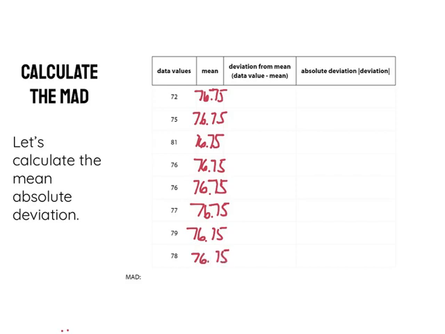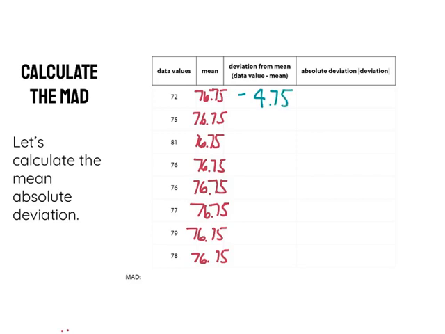So the next thing I want to do is find how far away each of the data points is. I'm going to take the data value, so on the first one it's 72, minus 76.75, and that gives me negative 4.75.